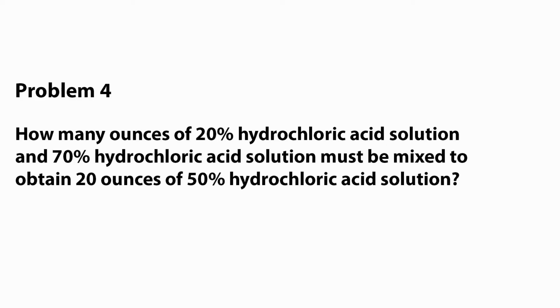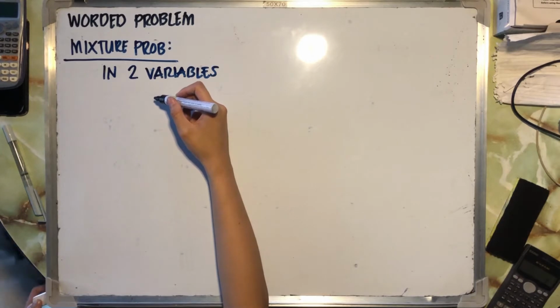Question is, how many ounces of 20% hydrochloric acid solution and 70% hydrochloric acid solution must be mixed to obtain 20 ounces of 50% hydrochloric acid solution. Okay? Lagay natin hydrochloric is HCl.